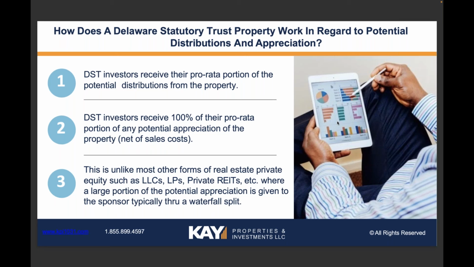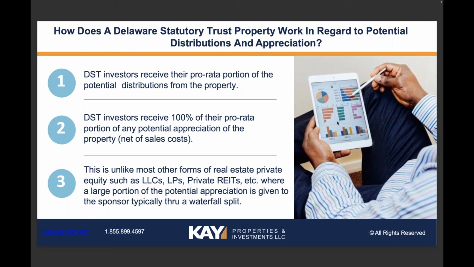So the unique thing about the DST though is that you as the investor receive 100% of your pro rata portion of the appreciation on the property, whereby a lot of the REITs out there or crowdfunding sites or LLCs or real estate funds, those are typically a waterfall where you don't receive 100% of the pro rata portion of the appreciation potential.